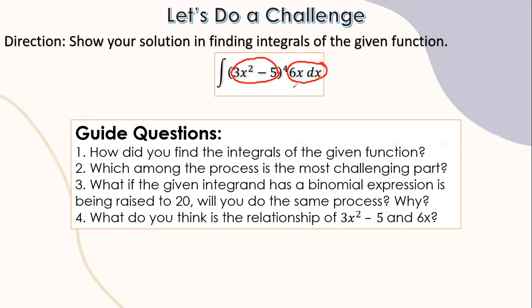Pag find natin yung derivative ng 3x squared minus 5, bababa si 2, magiging 6, and then x to the 2 minus 1 is just x. Minus 0 na, kasi 5 yung kasama ni 3x squared. So, that is just a constant, and derivative ng constant is 0. So, 6x dx.